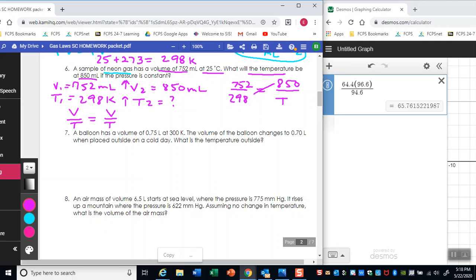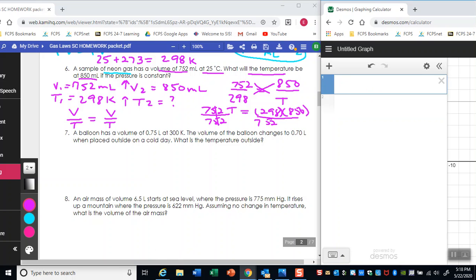So I'm going to cross multiply, and I get 752 times T equals 298 times 850. Then I'm going to divide by 752 to get rid of that. So my new temperature is going to be whatever that is. So let's take 298 times 850 divided by 752.